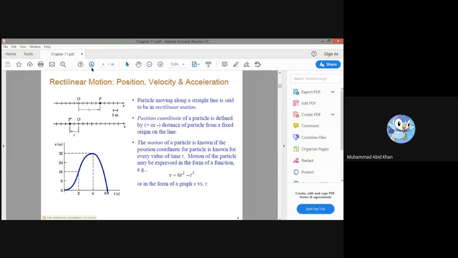Rectilinear motion, as I said before, includes position, velocity, and acceleration. As you can see here, the graph is here. From point 1 to point 2, there is 1 meter. A particle moving along a straight line is said to be in rectilinear motion.